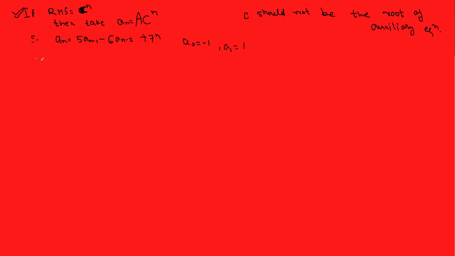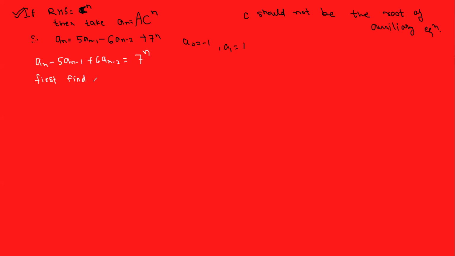First of all, you can write in this form. The right hand side is 7 raised to n. So first of all, find the homogeneous solution. Homogeneous solution means the last time you did homogeneous. Yes. First find the homogeneous solution.